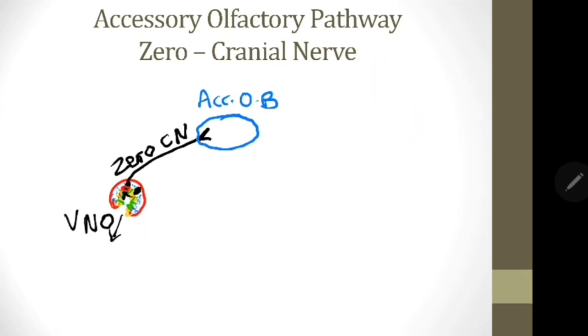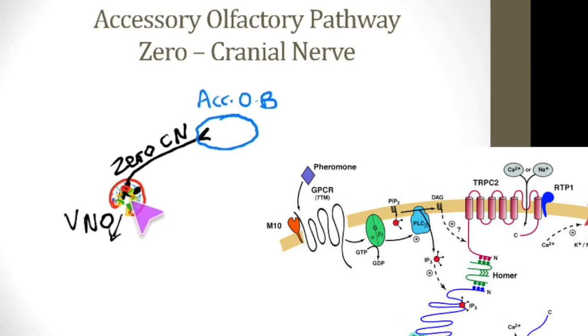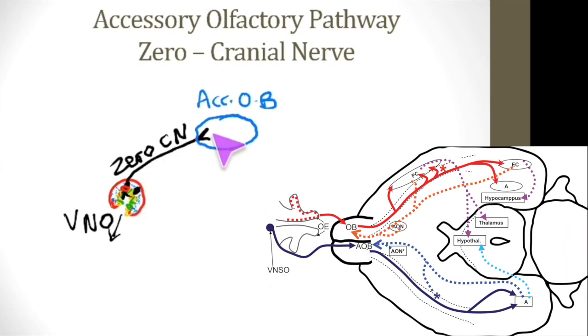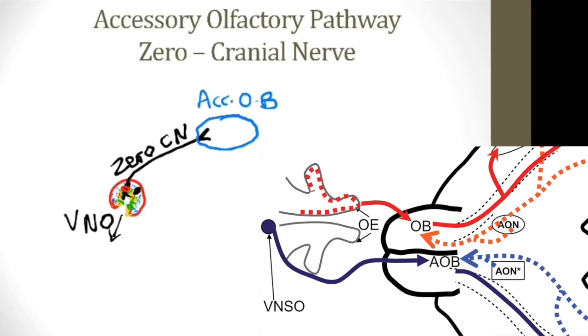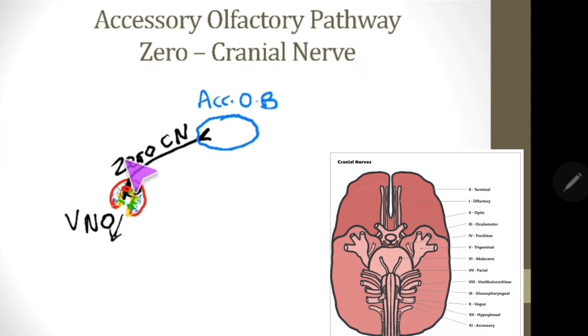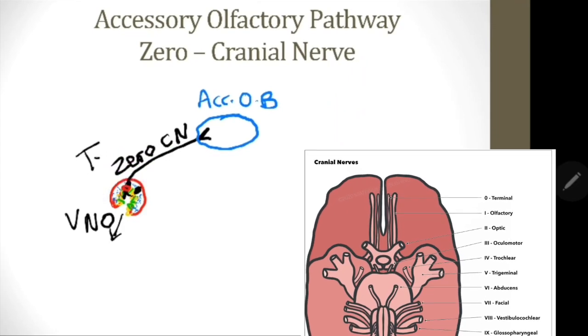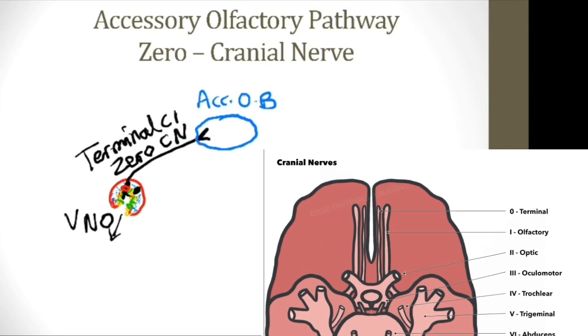Their peripheral dendrites act as the receptor side, which have G-protein coupled receptors. The central processes form the zero cranial nerve, which relays in the accessory olfactory bulb. This nerve has also been mentioned by some authors as the terminal nerve, or terminal cranial nerve.